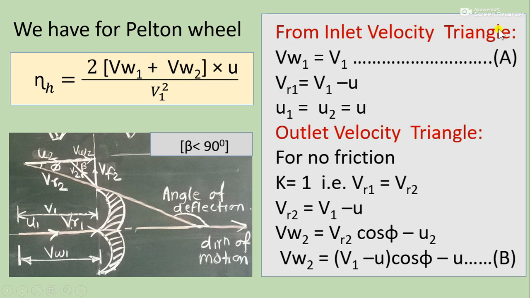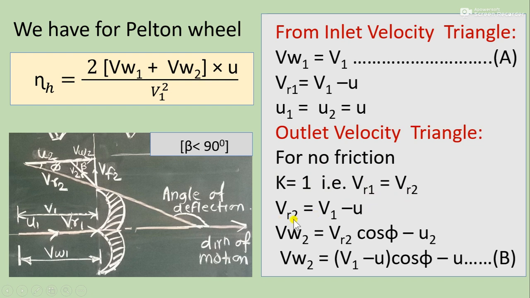So from inlet velocity triangle, it is straight line at inlet, so VW1 is equal to V1, that we take as equation A. Then we know relative velocity is effective velocity, means difference between jet velocity and blade velocity. So VR1 is equal to V1 minus U. Here is assumption that U1 is equal to U2 is equal to U. From outlet velocity triangle, now for no friction we have K is equal to 1, means in this case relative velocity at inlet and outlet are same.